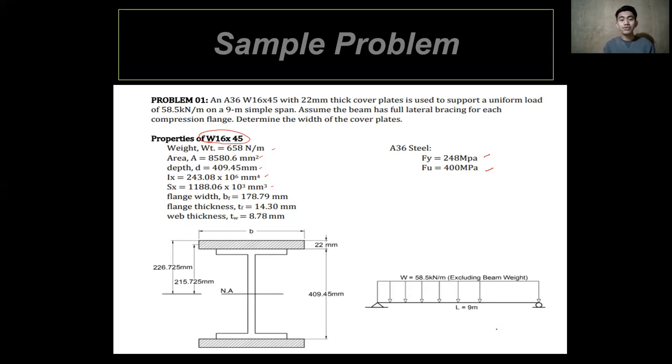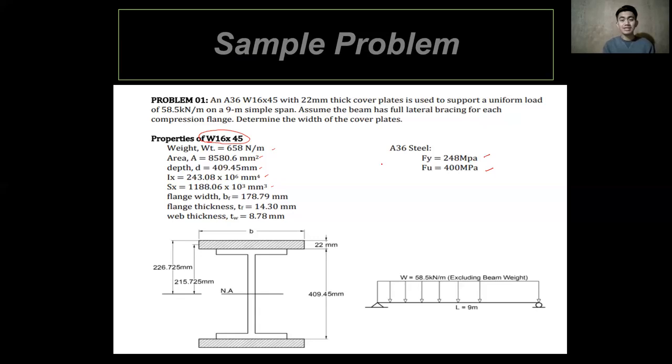Assume the beam has full lateral bracing for each compression flange. Determine the width of the cover plates. All right, so we are now tasked to determine the width of the cover plates. What is the first step for us to be able to determine the width?